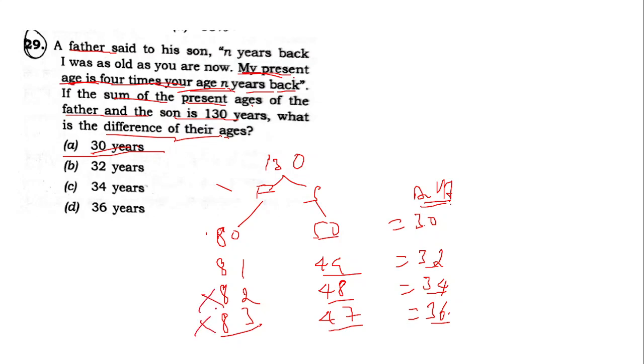No. Right? 81 possible? No. 80 is possible? Yes, absolutely. This is a multiple of 4. So this will be the correct answer. Option A, 30 years is the right answer. This is the easiest way. You can go a long method also, but it will take a lot of time. It's better to go this way.